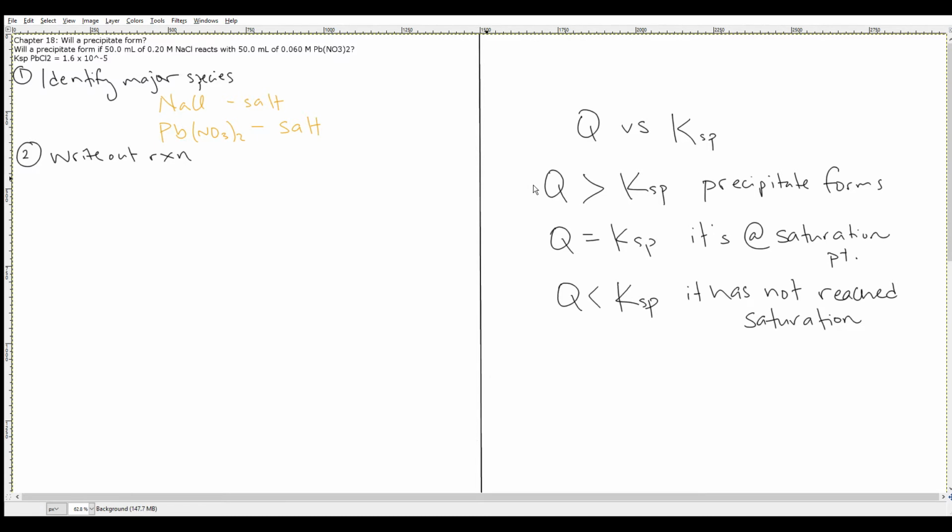Since we are mixing together two different substances here, we've never really written them all out together in one big line, but we can here, so I'm going to go ahead and do that.